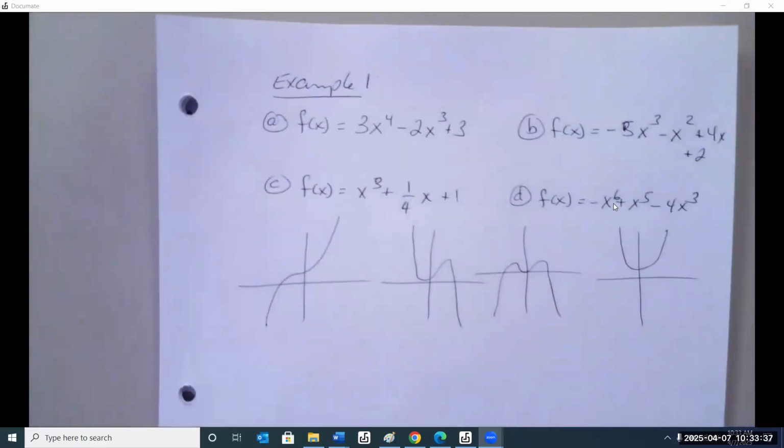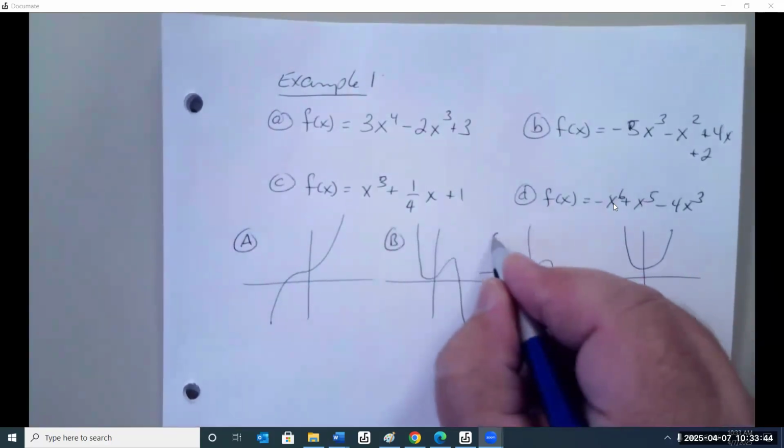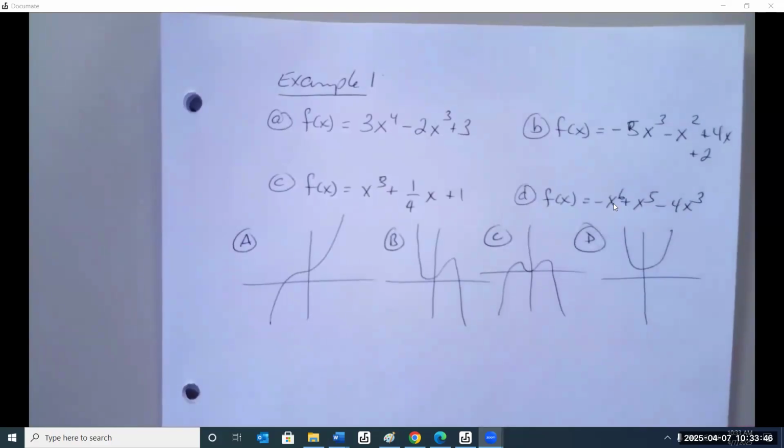And these are the basic shape of the curves. Here's A, here's B, here's C, and here's D. Which ones go with which?